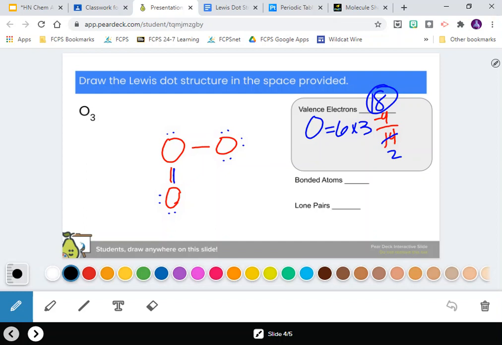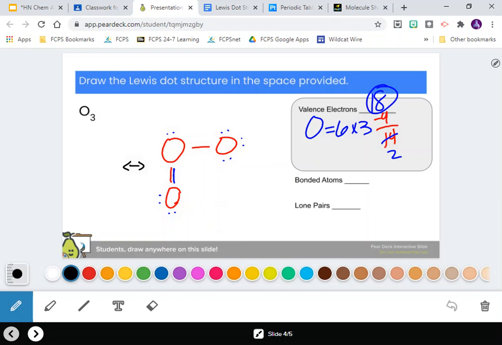What kind of structure does this create for us? Because it doesn't matter which O I bonded off of, this is a resonance structure. We have to draw both. I don't care if you don't have a lot of space, you can make it smaller, but draw the arrows. Whatever works for you.